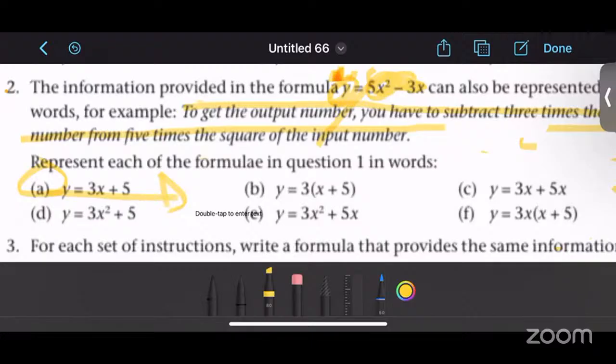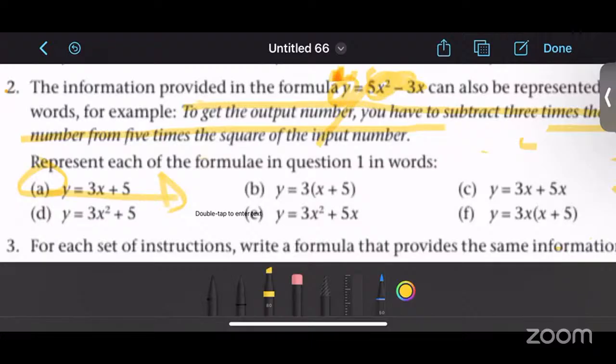So if you want to be specific with the expression, you can say to get the output number, you have to add 5 to 3 times the input number. Are we happy? Understood, ma'am.